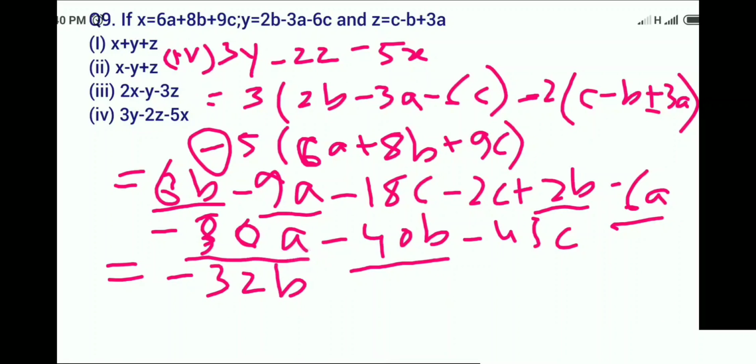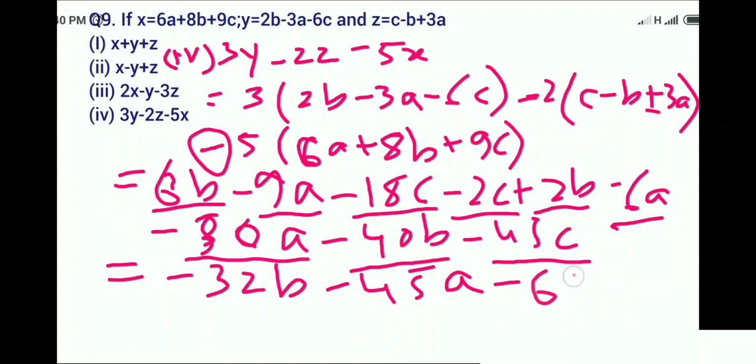Minus 15a minus 30a. All these will be added. Minus 15 plus 30 will be equal to minus 45a. Minus 18c minus 2c, 18c and 2c will be added, minus 20c, and minus 45c becomes minus 65c.